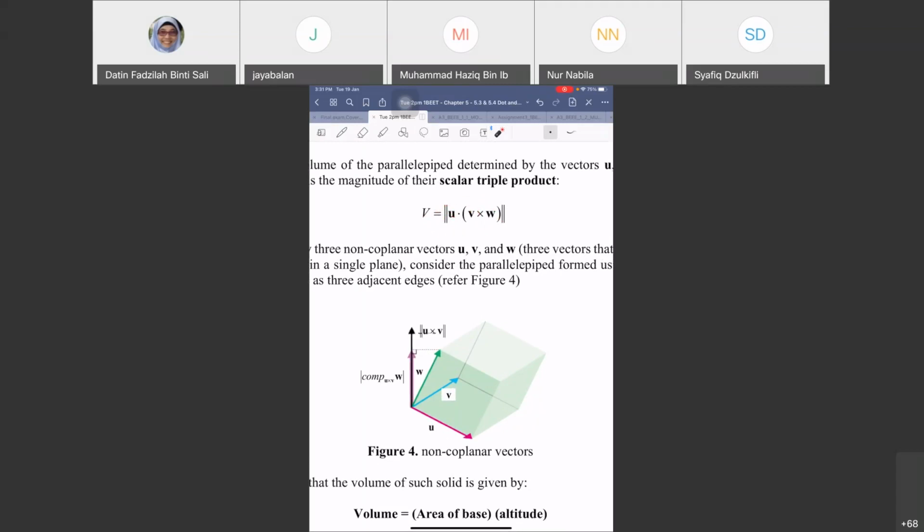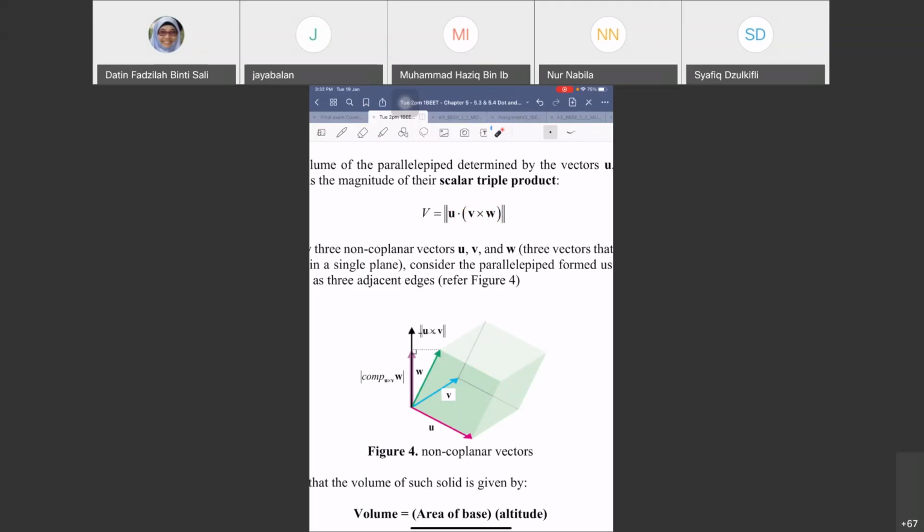If the magnitude of a cross product finds the area of a parallelogram, the mixed dot and cross like this, or what we call the scalar triple product, is the formula for volume. And for this scalar triple product, you need three vectors.